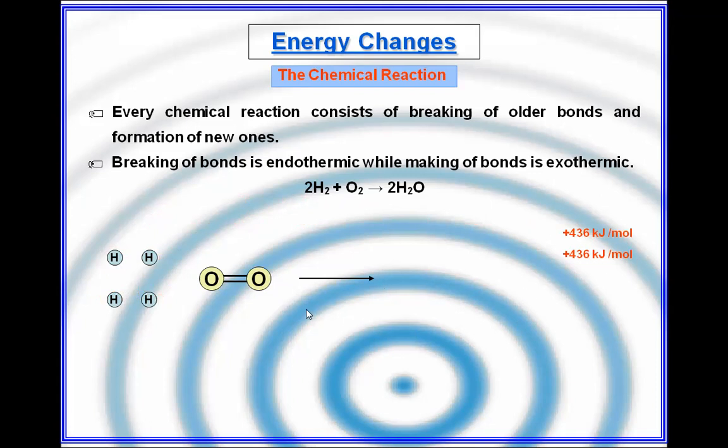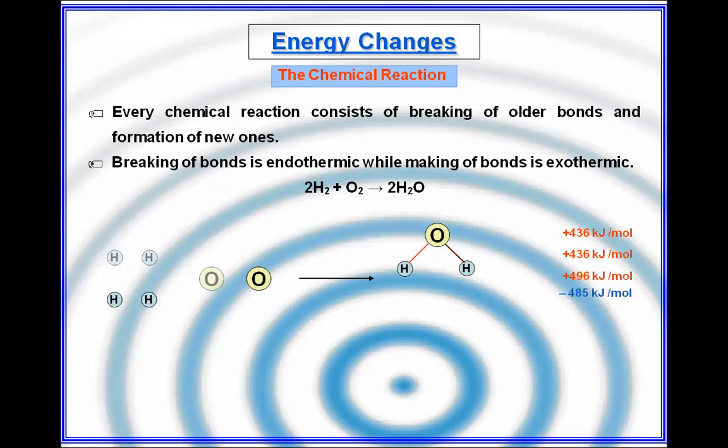Heat energy is absorbed. If a container contains hydrogen and oxygen, when we heat this container, the former bonds are broken. That is why this reaction is called endothermic. Now 496 kilojoule per mole energy is absorbed by the oxygen molecule. As a result, the oxygen molecule breaks into oxygen atoms.